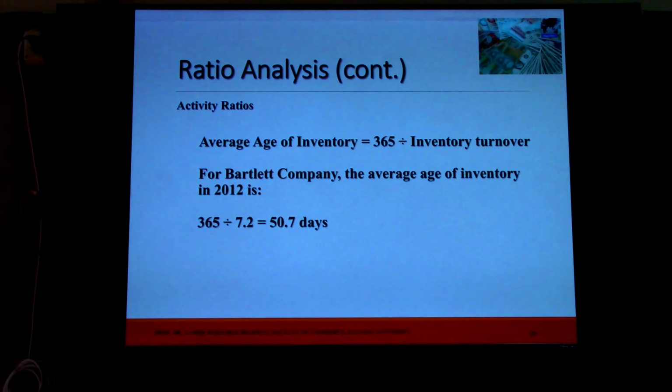It equals 365, the number of days per year, عدد الأيام في السنة 365 يوم, divided by inventory turnover, which we just calculated, معدل دوران المخزون. This means that average age of inventory in days equals 365 divided by 7.2. This will give you 50.7 days.